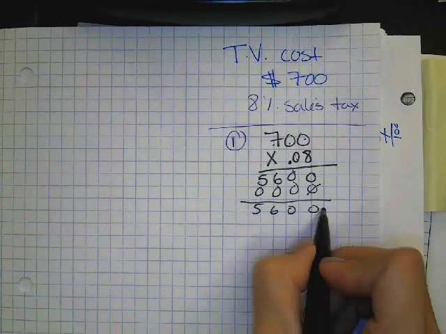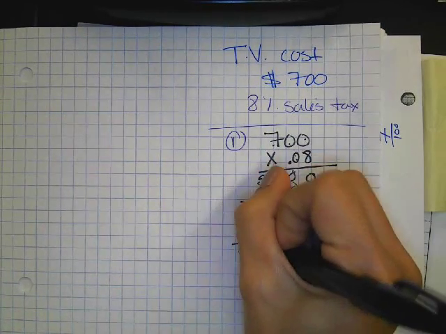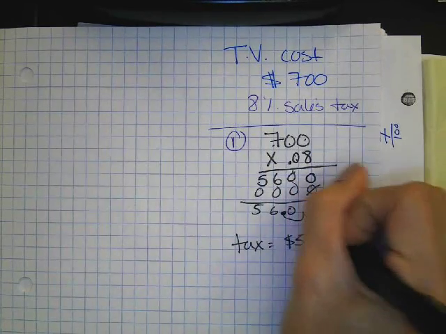How many times do I move my decimal? Okay, so my tax is equal to $56.